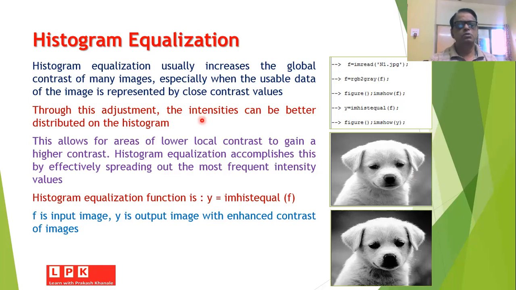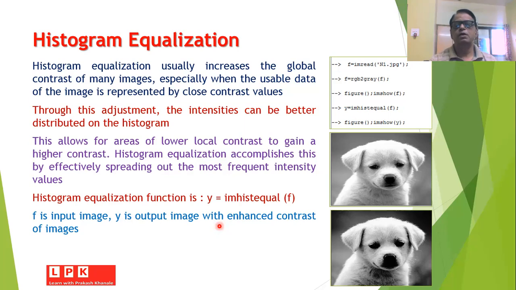We can make use of the histogram equalization function, which is written as y = imhistequal(f), where f is the input image and y is the output image, giving an enhanced contrast.